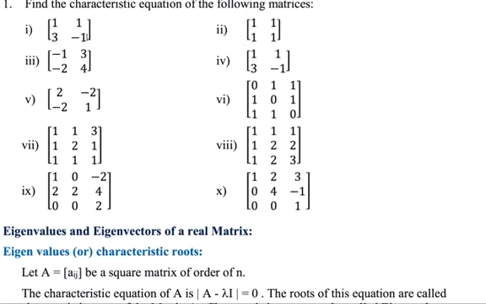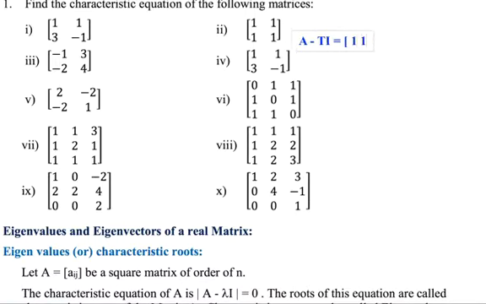Let me do it for the first one, the 2 by 2 case. What is A minus lambda I? This is not t, record it as lambda.